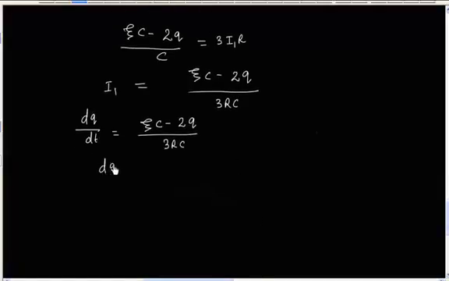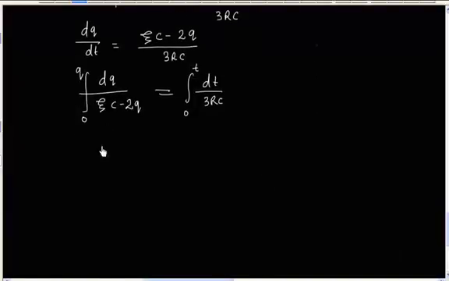We will have dq by Xi C minus 2q, and on this side we will have dt by 3RC. Now we can integrate both sides. At t equals 0, there is no charge on the capacitor. At t equals t, let us say the charge is q.